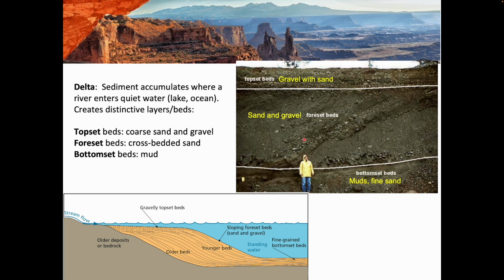And then on top of that, the very surface is eroded by the moving water channels, and then we get these more planar bedded topset beds of gravel with some sand as the channel of that stream system propagates and grows and moves out over the younger foreset beds. This diagram in the lower left shows that process very well. You just have to imagine more foreset beds being deposited seaward over time as this delta grows.